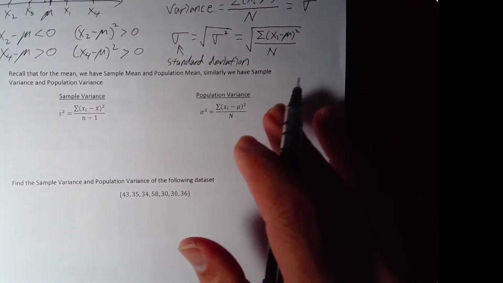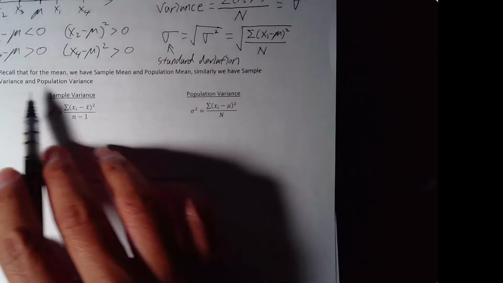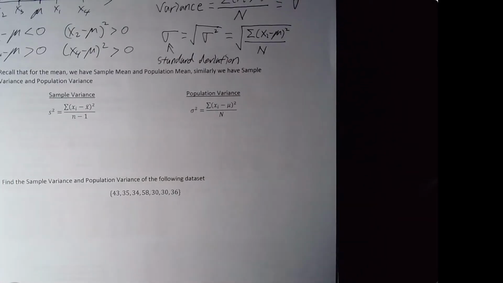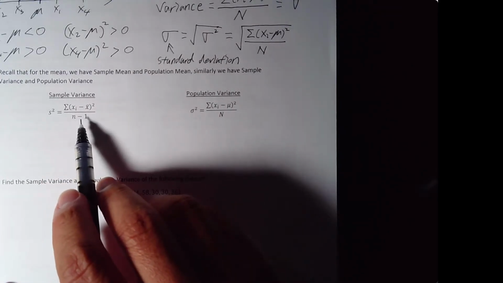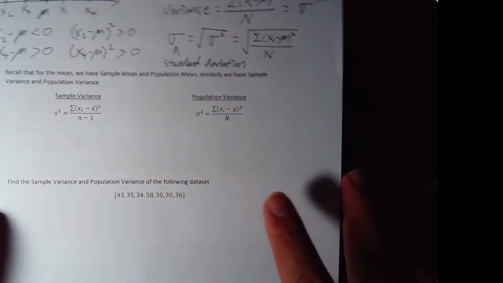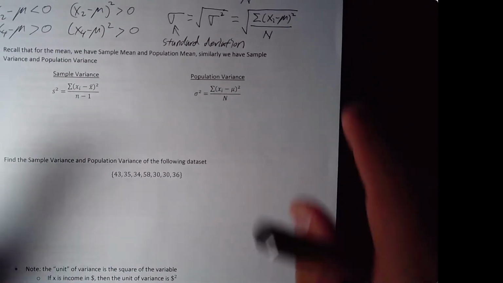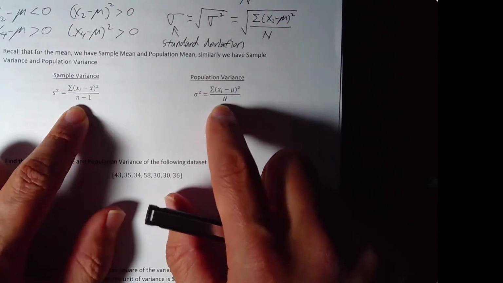Now, for the mean, we have sample mean and population mean, and so now we have sample variance and population variance. The only tricky part here is that our sample variance is going to have a different formula than the population variance. The reason behind this, we won't go into too deeply, and hopefully when you get into a future higher level statistics class, you can understand this for yourself.